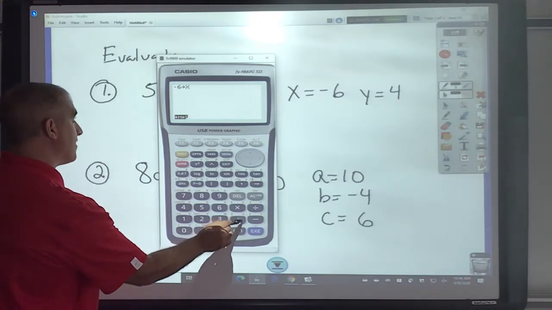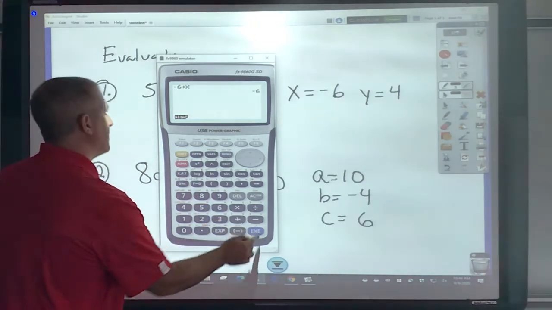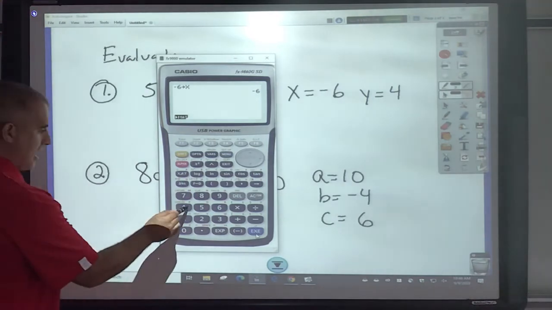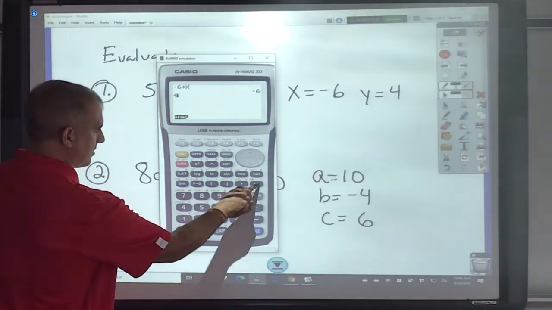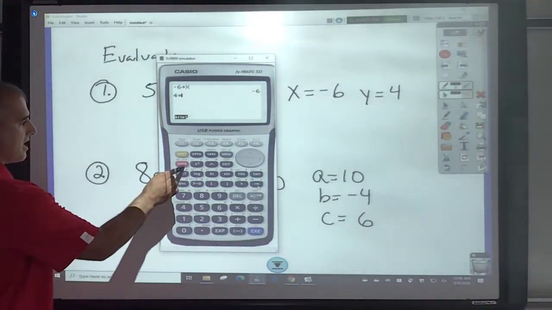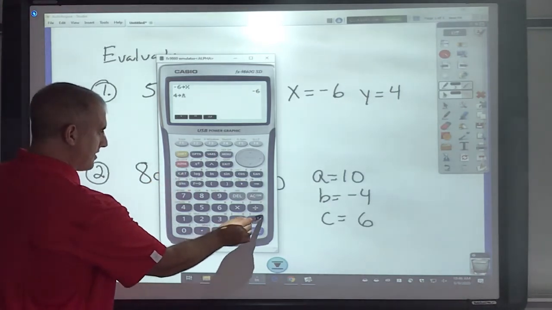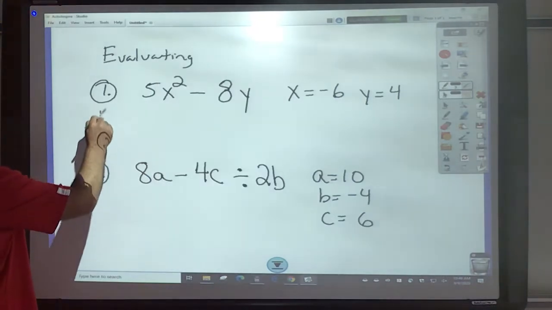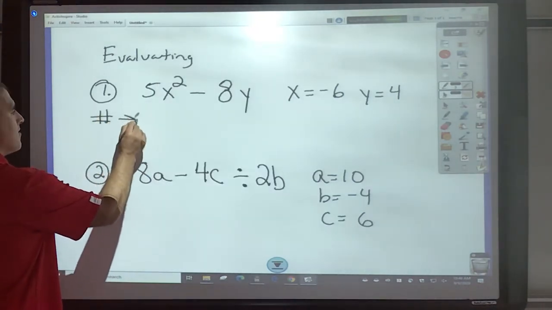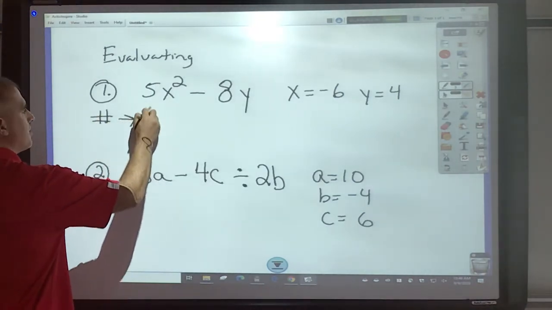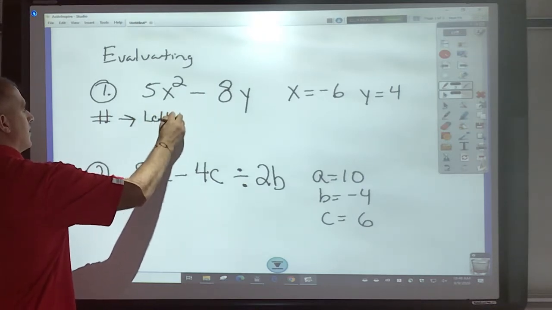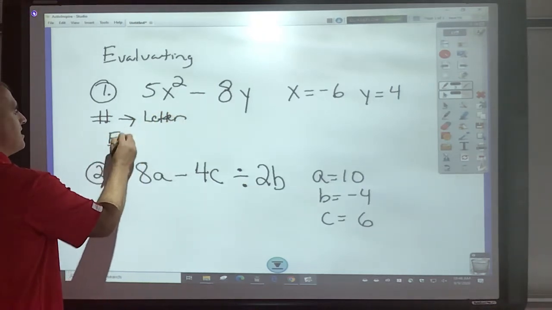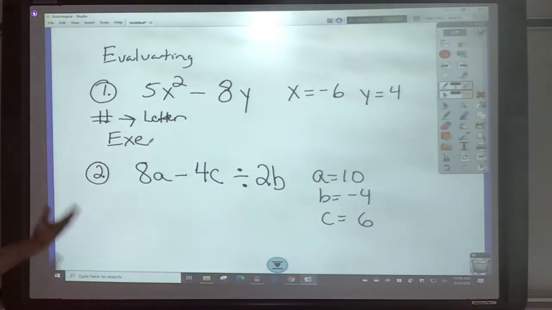That's the letter X, and then I hit execute. Then I do 4, I hit this little arrow, then I hit the alpha key, and then I select the Y button, and I hit execute. So basically, it's the number, the arrow, the letter, and then you hit execute. And what that does is it stores the value.